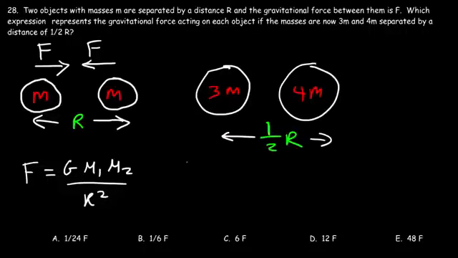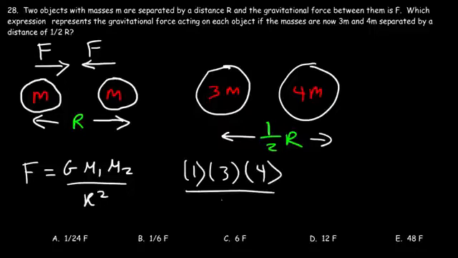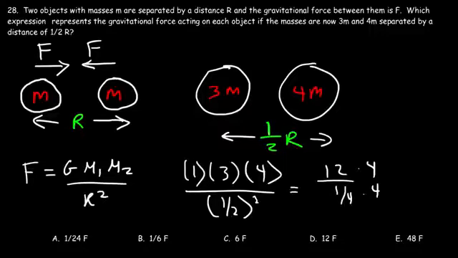So the first mass triples. For any constants, just replace it with a 1. The second mass increases by a factor of 4, and the distance is reduced by 1/2. Now 3 times 4 is 12. 1/2 squared is, we know 1 squared is 1, 2 squared is 4, so it's 1/4. If we multiply the top and bottom by 4, 1/4 times 4 is 1, 12 times 4 is 48.